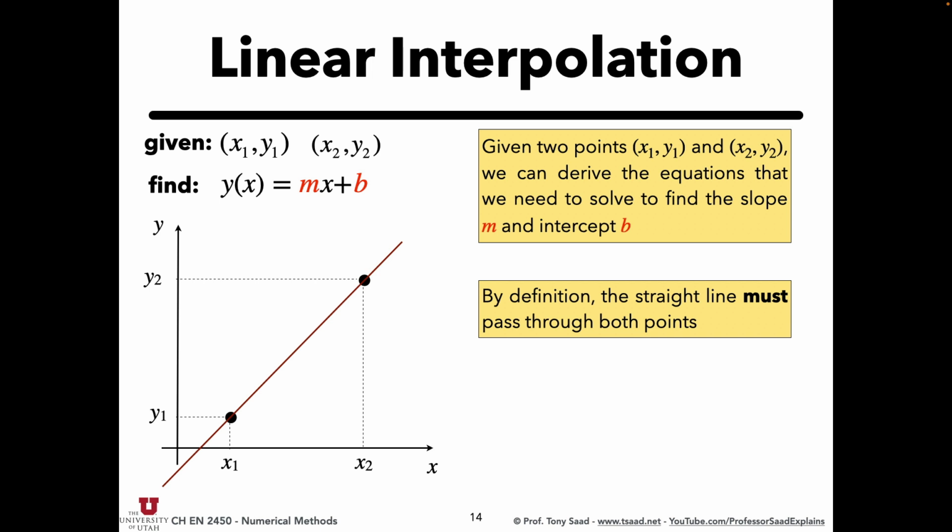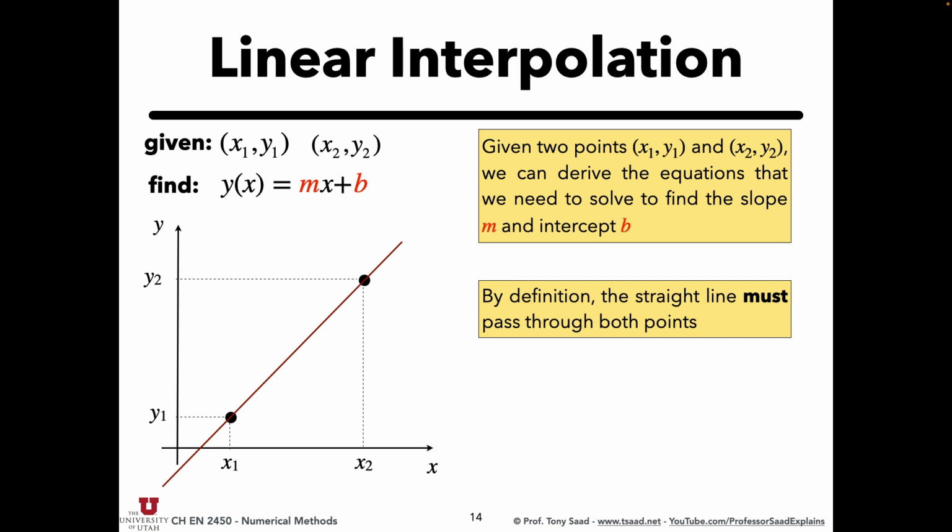And linear interpolation says you're given these 2 pairs, x1 and y1, the temperature at the first time of day, and x2, y2, the temperature at the second time of day. You know those values, they're given to you. And you're asked to find this straight line, y of x equals mx plus b.